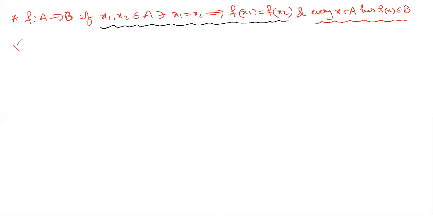Next, that's f from A to B. And how will we verify for a function whether it is one-one or not? The definition is given only when it is possible to give the definition. In case they give a definition, we need to worry about all these methods.